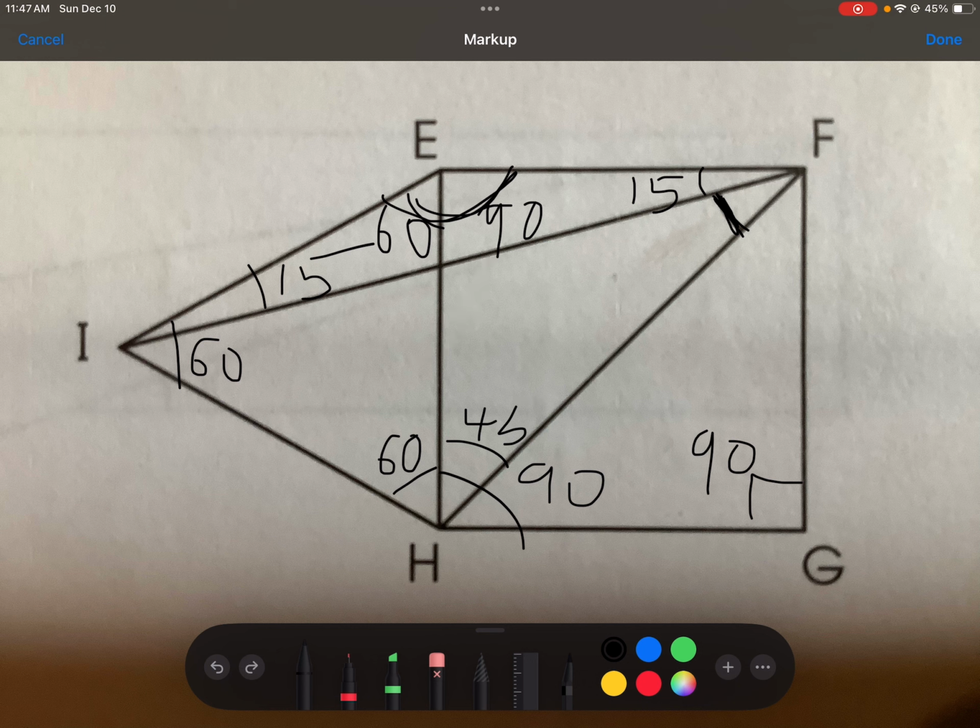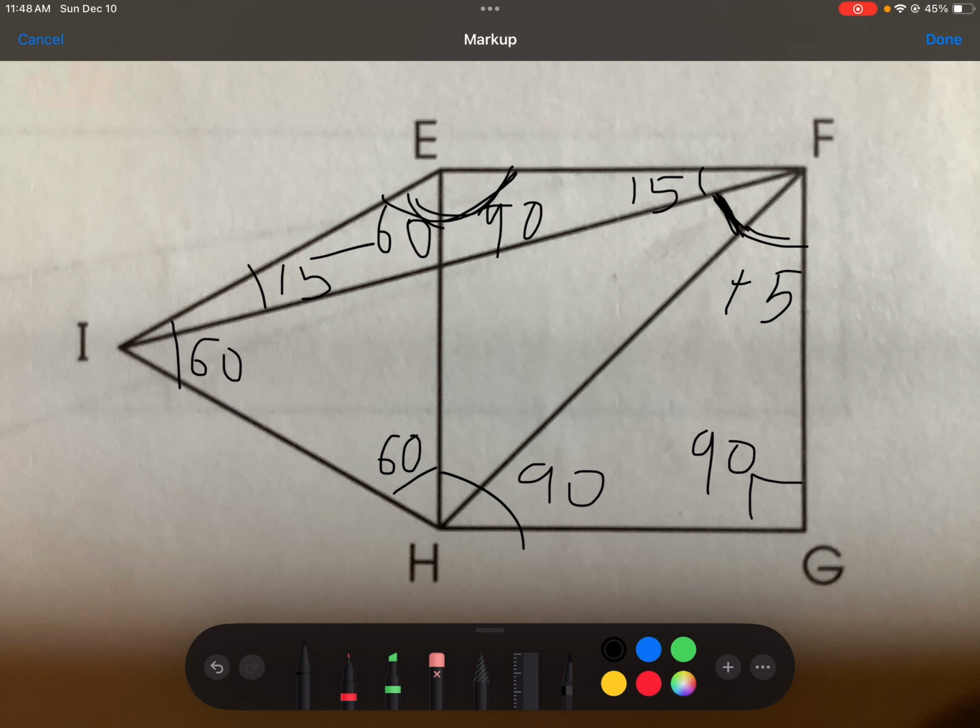But that will be more extra steps. An easier way is, do you see how this is the corner and this is the corner of the square? And the line is going into both corners, which means that this is 45 degrees. And this too. But we don't need that right now.